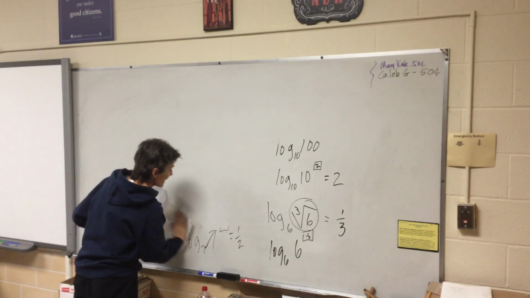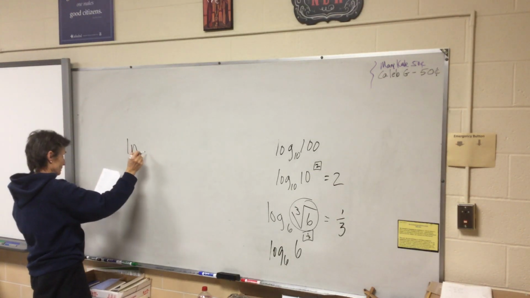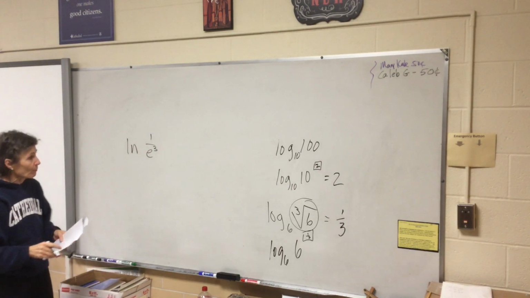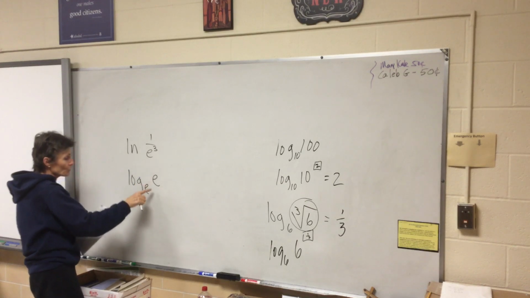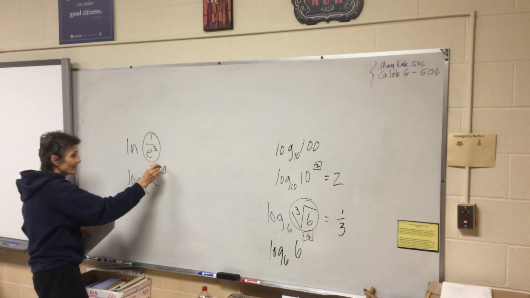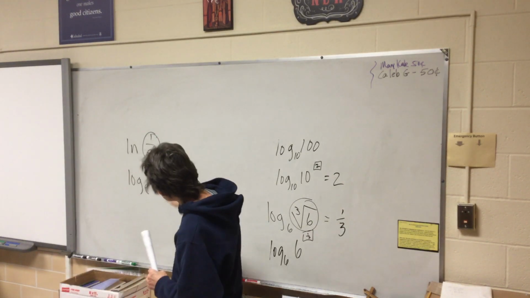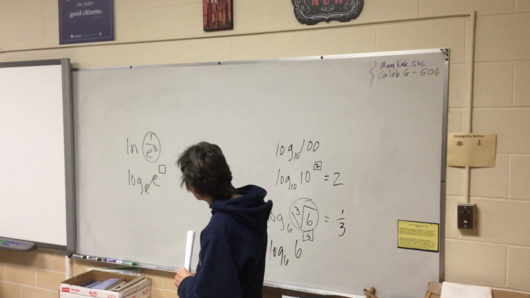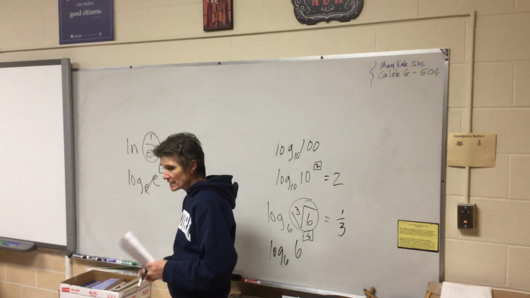Next, we have an ln. Now remember, ln is log base e. So you need this right here to be written as e to a power, because you need this to match the base so that you can cancel them out. What power is 1/e cubed?